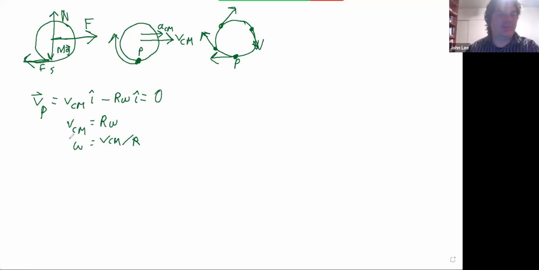So if it's rolling without slipping, then omega is equal to V center of mass divided by R.